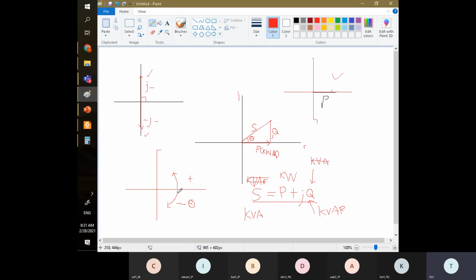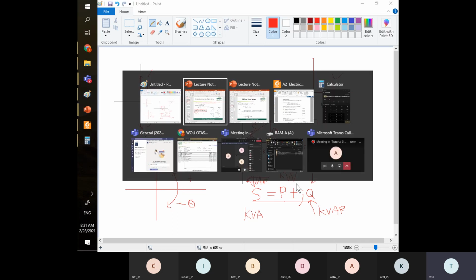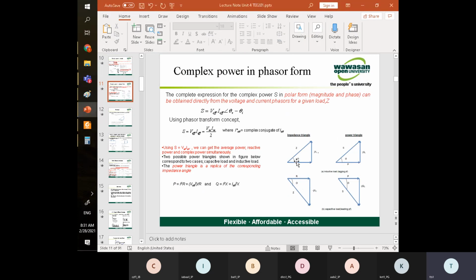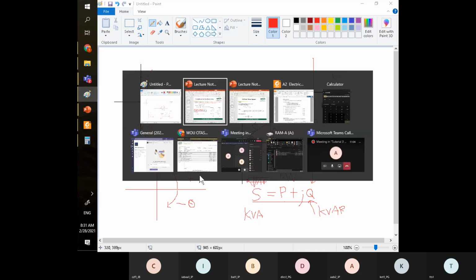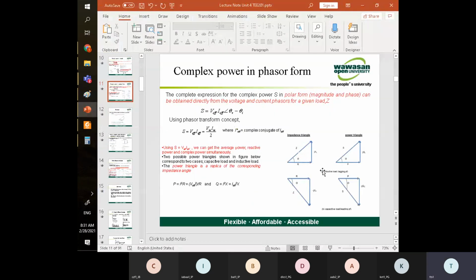Going anti-clockwise is positive. Here you see this angle goes positive, so it is called the positive angle, and it is due to the impedance, due to an inductive load. This word, inductive, is very important.